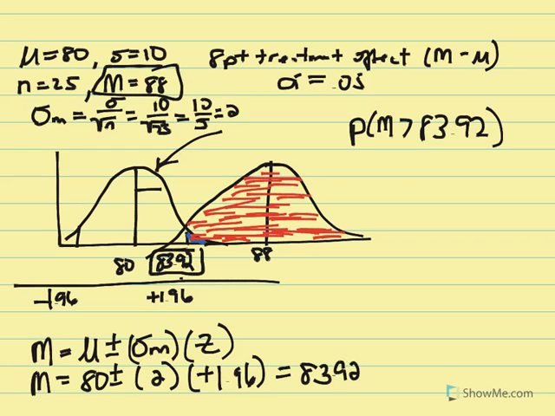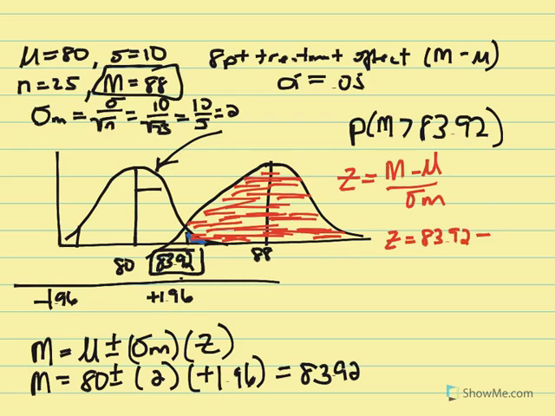So we need to convert that sample mean of 83.92 into a z-score. Our equation first: z is equal to M minus mu divided by standard error. I'm writing in red because we're focusing on the treated population, so we must use the values that relate to that distribution.